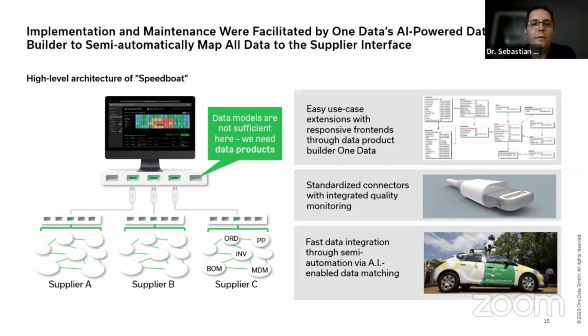So the way I like to think about it is, if you just have a data model, it's like a standard electrical plug. You plug it in, and it works, but you don't really know what you're getting. Whereas if you think about something like a USB plug or lightning connector, like you see here, it's a much smarter interface, because the interface itself knows what you're getting and what you want, and is able to intermediate between this.